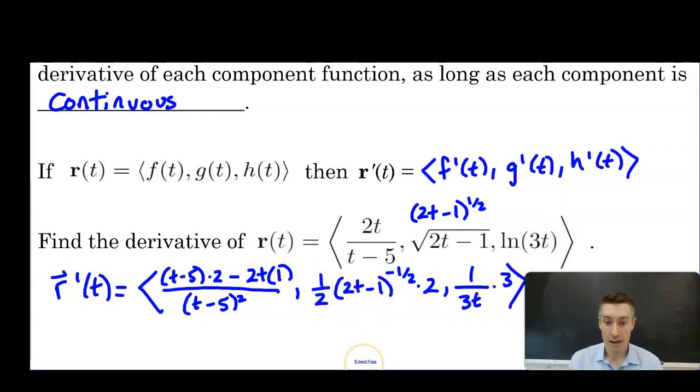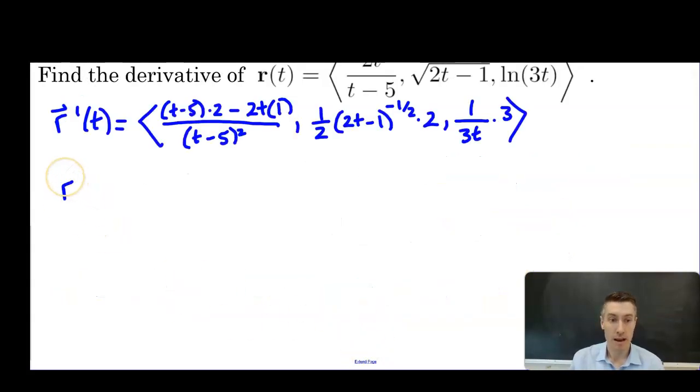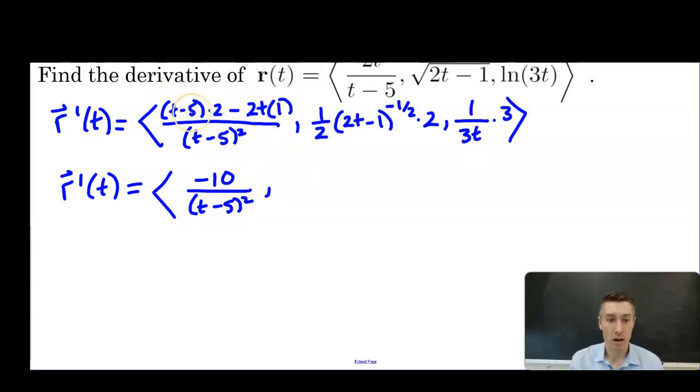So now we can simplify, just so we have a nice derivative vector. So r prime of t then would be equal to, so we're going to have 2t minus 10 minus 2t, so that's just going to be negative 10 over t minus 5 squared. Now here the 1/2 times the 2 is 1.